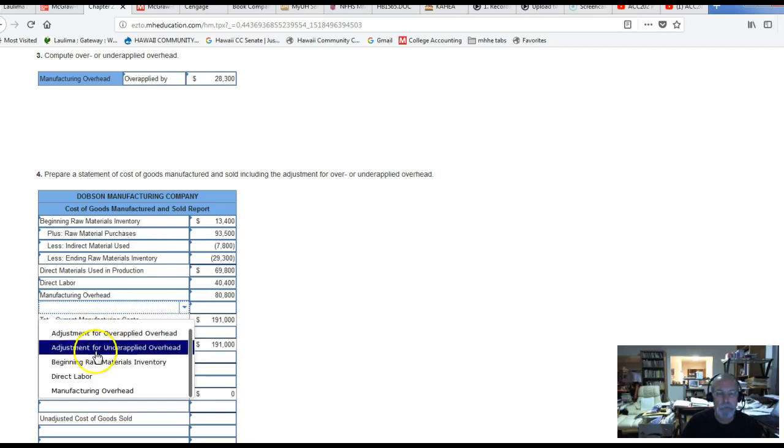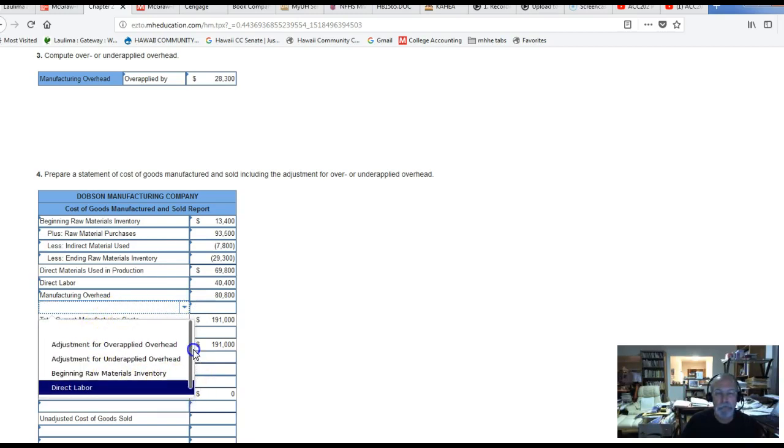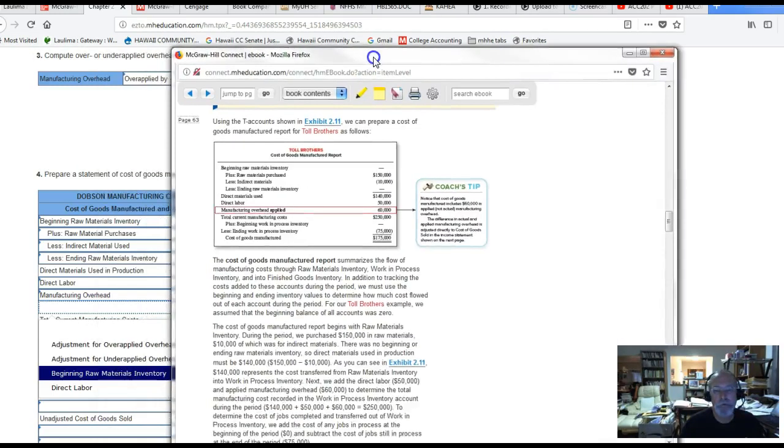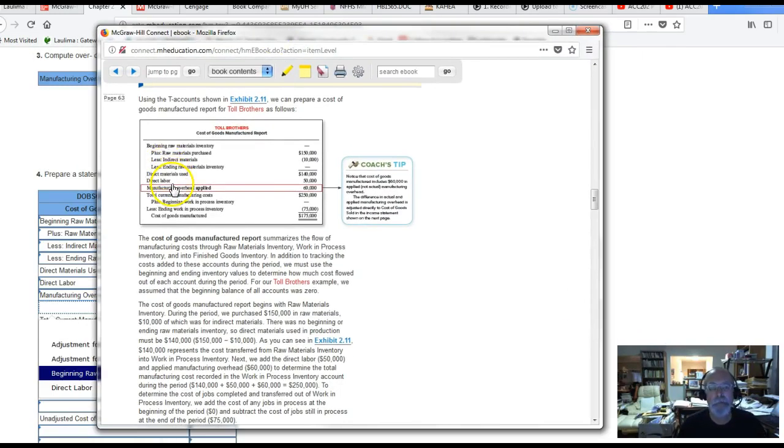Let's see what, oh, we're showing the adjustment for over or under applied overhead up in this section. That doesn't show up on the, that amount is usually called total current manufacturing costs.